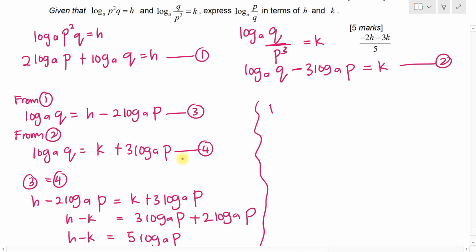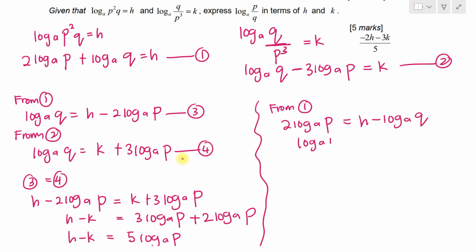Okay, so from 1, same thing. Now we make log AP the subject. 2 log AP is equal to H minus log AQ.